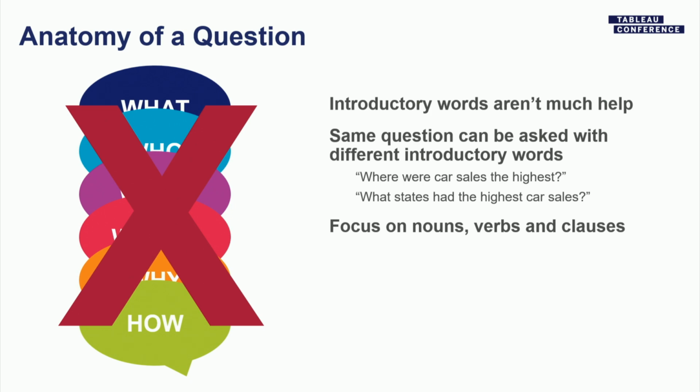The nouns and the verbs are really the words that matter. And so that's where we're going to focus our attention. A number of the words in your question really don't add any meaning or help you in figuring out how to build a visualization. So we're going to try and focus on the words that do matter.